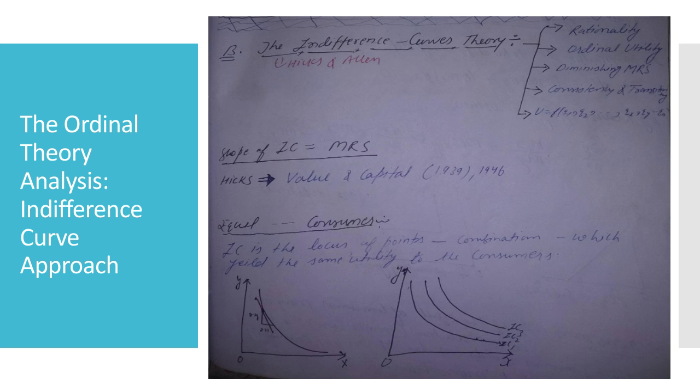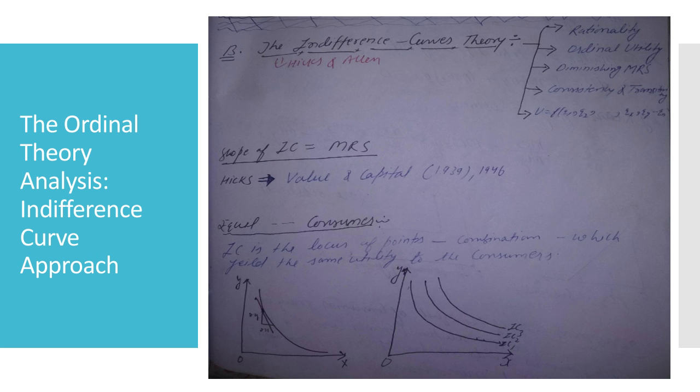This is the negative of del y upon del x, and also equal to the marginal rate of substitution between x and y, and further it is also equal to the marginal utility of x upon the marginal utility of y.